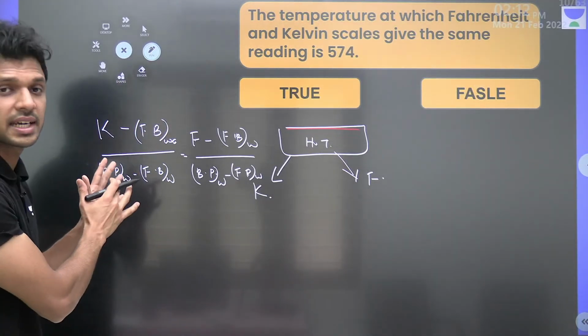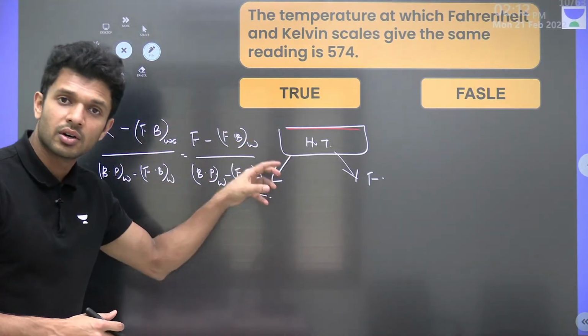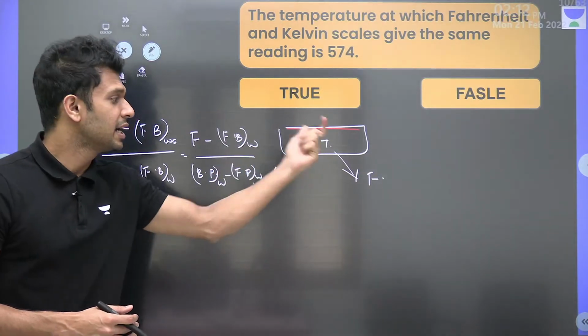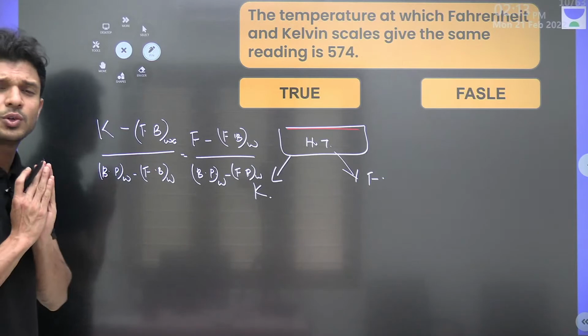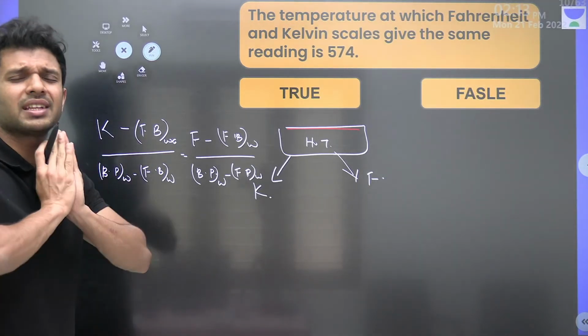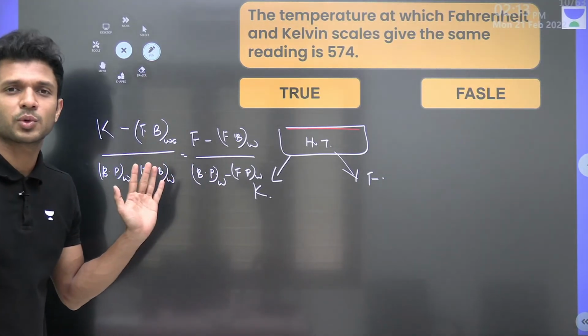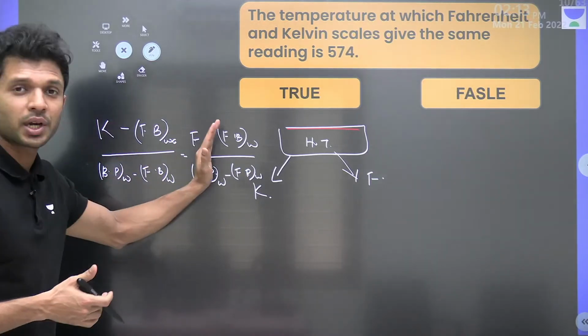This is the simple relationship which connects temperature of a body in one scale to temperature of a body in another scale. If you know this relationship, you can make the conversion from one scale to another, whatever may be the condition possible. Okay? So don't forget it.